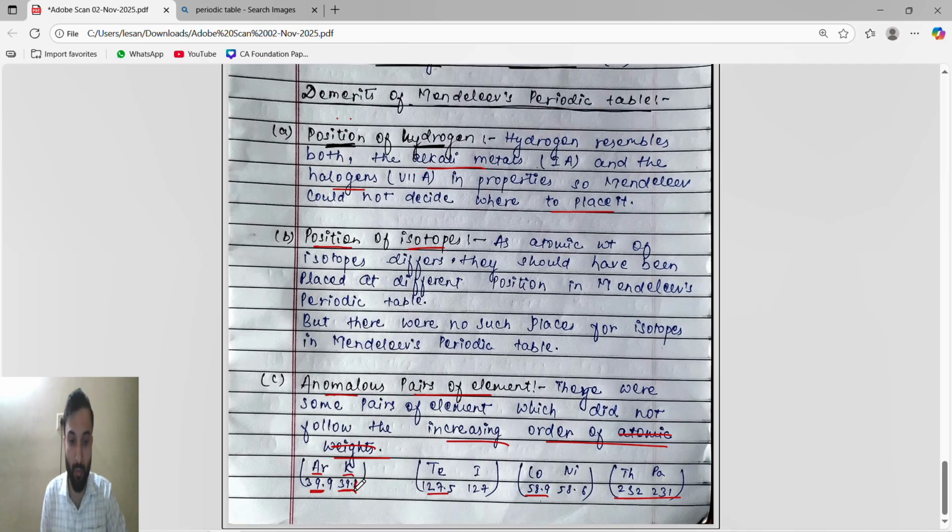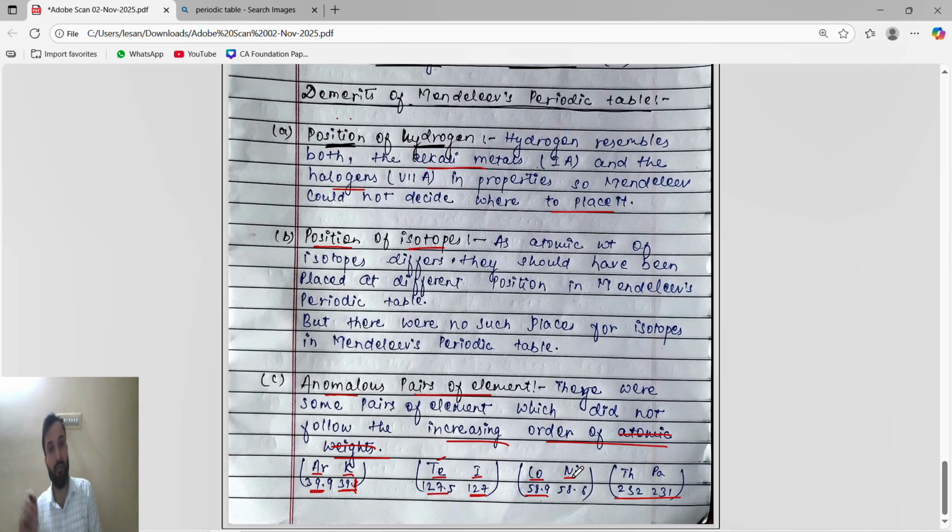Sorry, krypton was 39.1 atomic weight and argon was 39.9. तो दे सेड दैट भैया कैसे होगा, आर्गन इज लेस नंबर, क्रिप्टॉन इज मोर नंबर, इफ मोर नंबर देन ऑब्वियसली द एटॉमिक वेट शुड बी मोर, बट हियर तो भैया उल्टा है, देन टी एंड आई is more atomic number, more means atomic weight should be more bhaiya, but its atomic weight was less 127, te atomic weight was more 127.5.